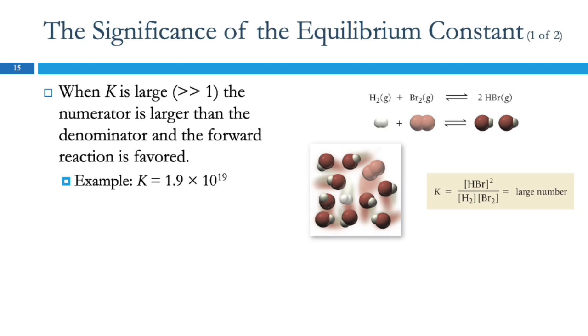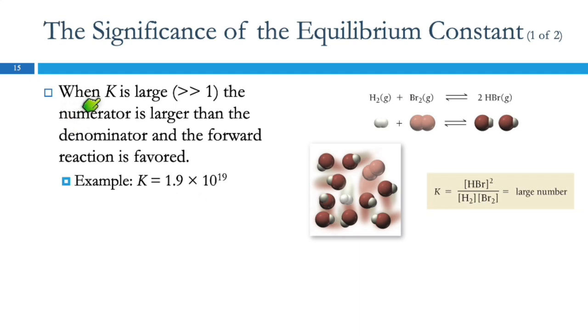So the meaning of that equilibrium constant. When the equilibrium constant is large, and by that we mean a lot bigger than 1, in this context, 10 would be considered to be pretty close to 1. So when we're talking big, we're talking really big, like 10 to the positive 19. There are some equilibrium constants that are like 10 to the plus 30. Really, really big.